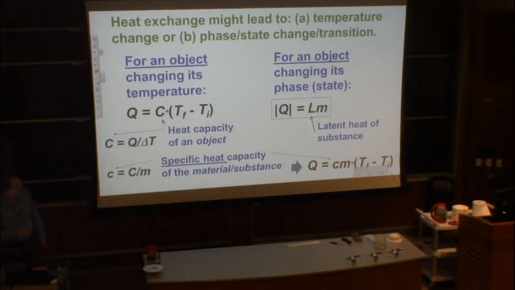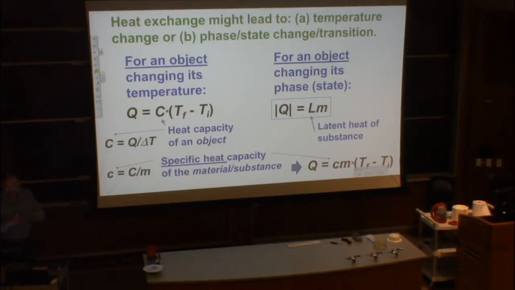This variable has a name: latent heat of fusion, latent heat of evaporation, latent heat in general. And this tells how much energy we need to spend to, let's say, melt 1 kilogram of something. If m equals 1, that's the amount of energy. We measure it.